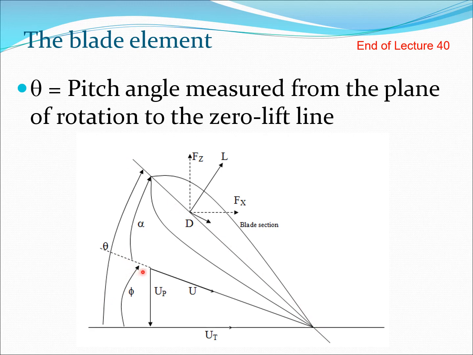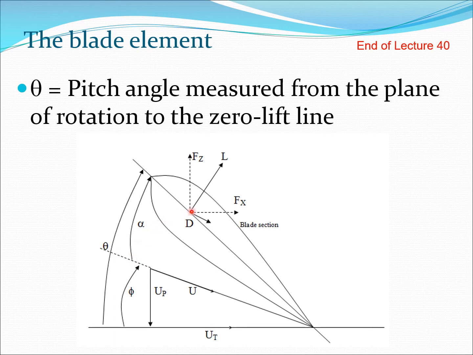The velocity which comes at the section is U, and U has two components, a perpendicular component UP and a tangential component UT, and this angle phi is known as the induced angle. Alpha is going to be theta minus phi, and that is the angle the airfoil section sees with respect to the flow. So it is the angle of attack.